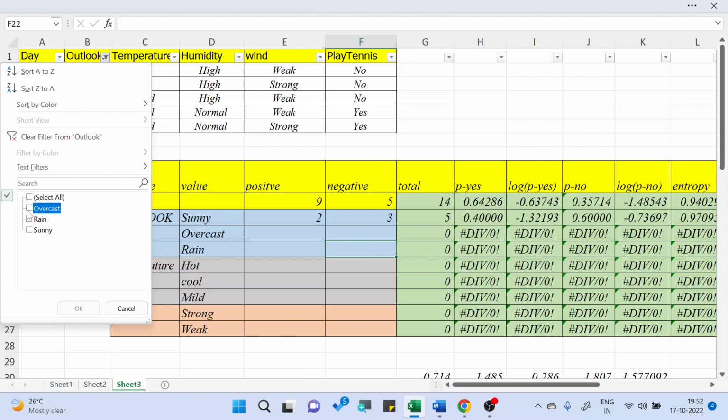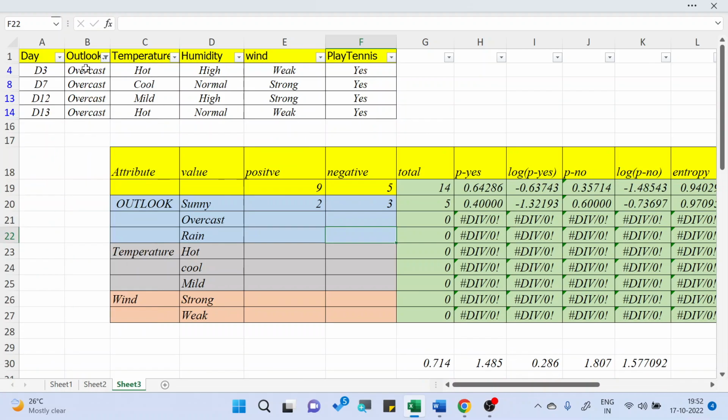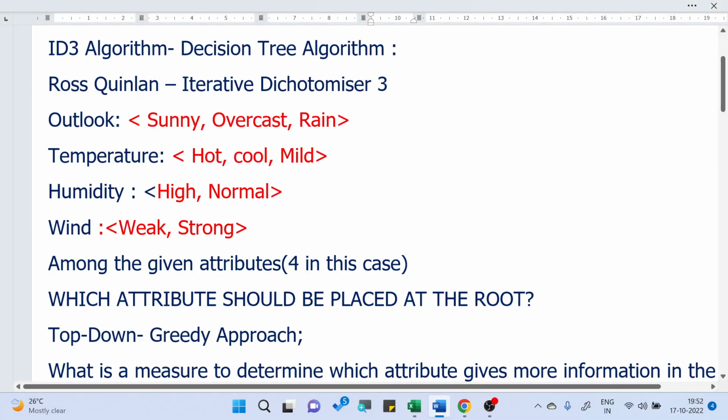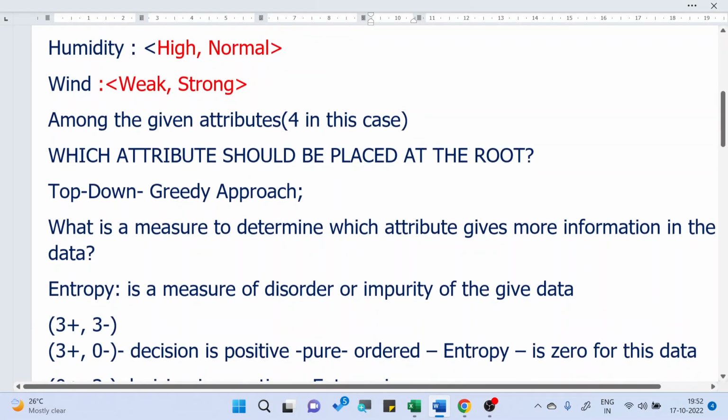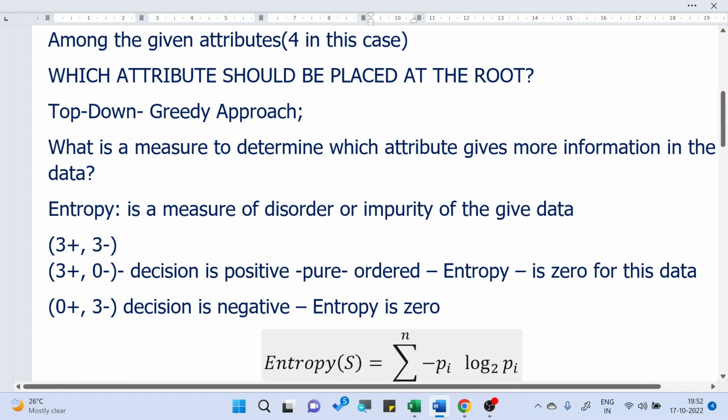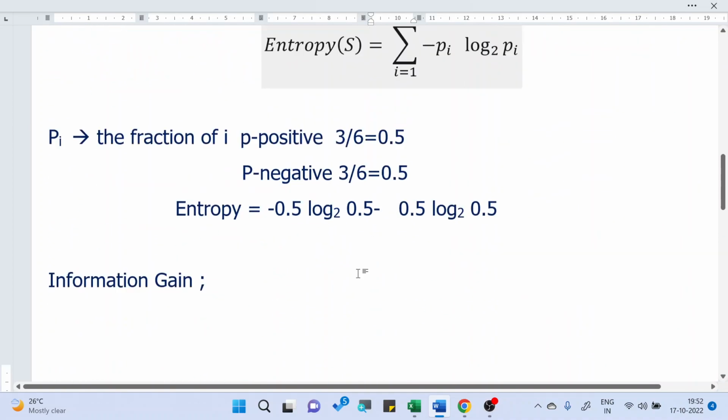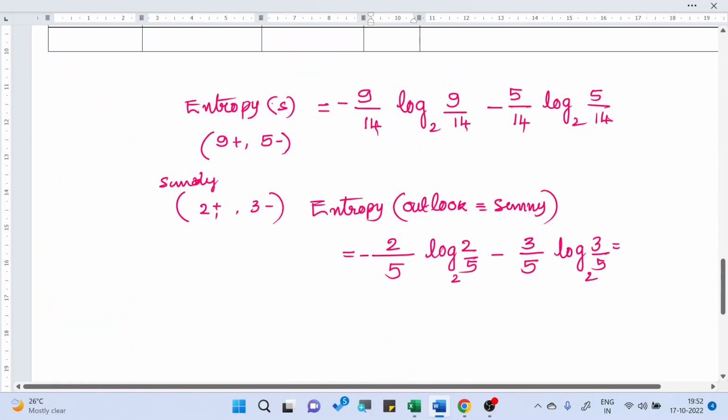Again, apply the filter. Overcast, 4 examples are there. All of them are yes. I already told you, when all of them are either yes or no, we can say that it is pure, it is ordered. So entropy will be 0 because it is 4 comma 0.